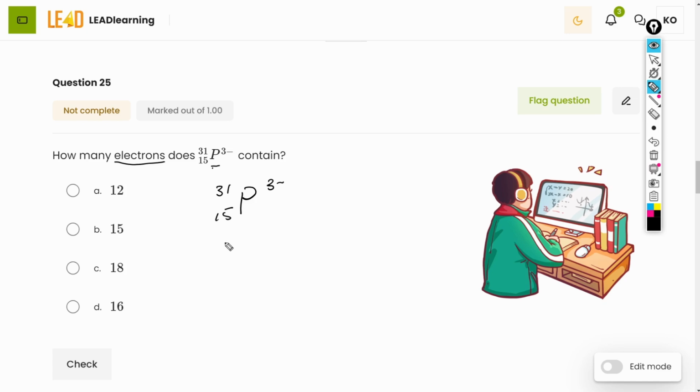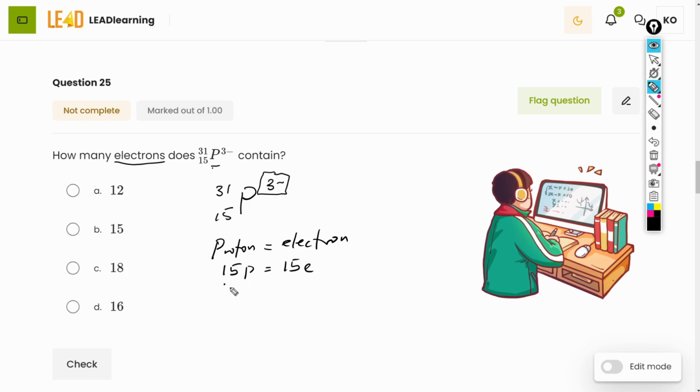Now, the proton number in any atom is always equal to the number of electrons. So let's look at a phosphorus atom. If it has 15 protons, it means that it's going to have 15 electrons. But now this is phosphide, which is an ion of phosphorus, and the sign here tells us that it has gained 3 more electrons.